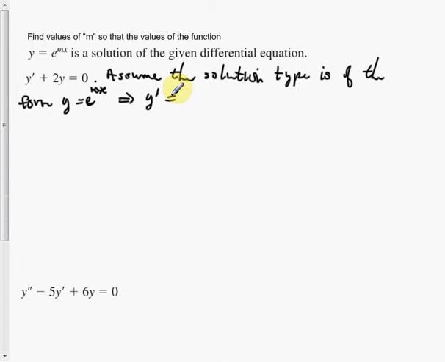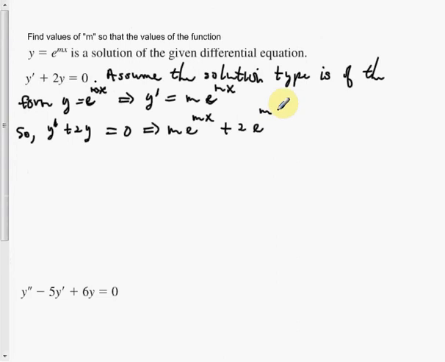Here, m is a constant, so that is just m times e to the mx. We only have one derivative, so we stop there. So y prime plus 2y equal to 0 from the problem implies m times e to the mx plus 2 times e to the mx is equal to 0.